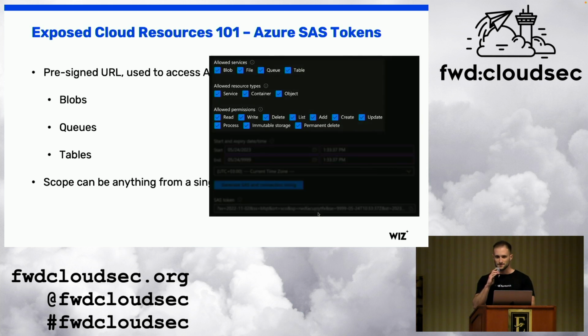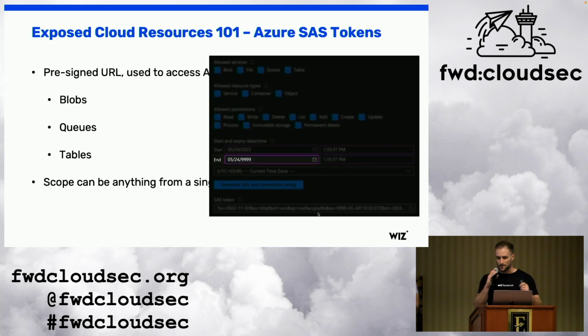These are the default settings for generating a new SAS token. As you can see, the default access is to the entire storage account, including all of the files, queues, and tables. And the permissions are essentially admin permissions, granting read, write, delete, and list.